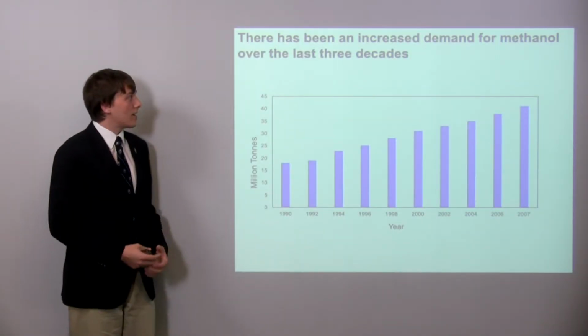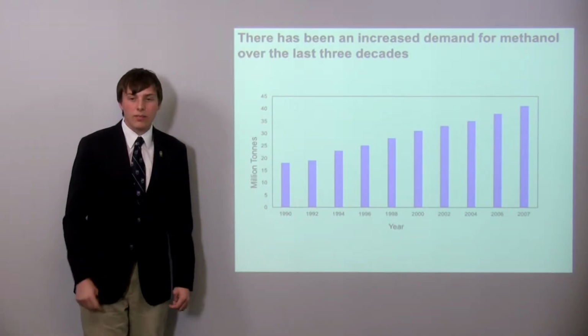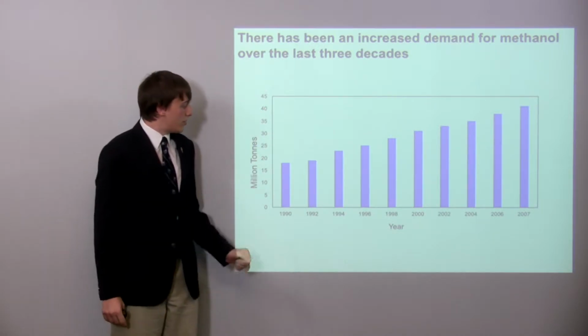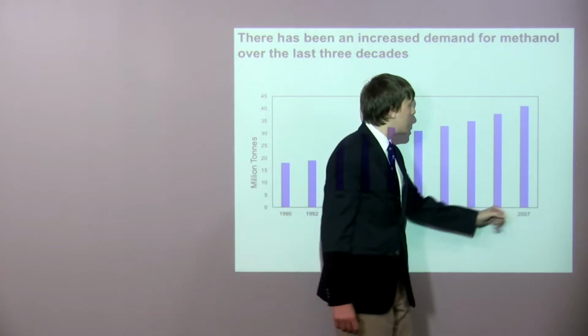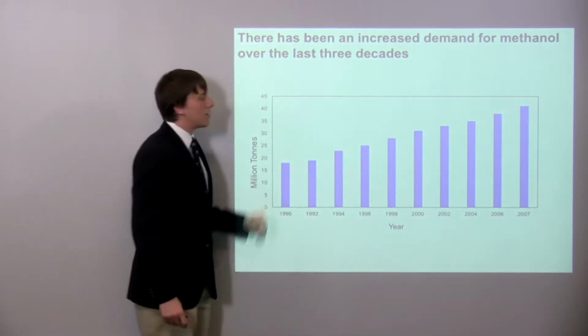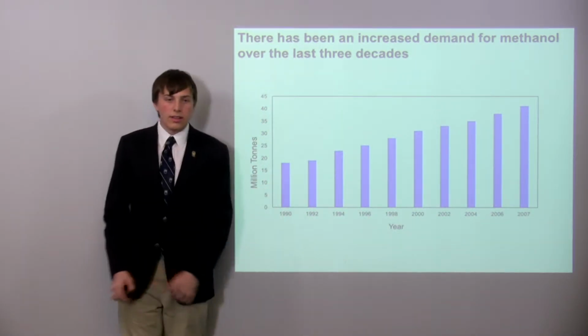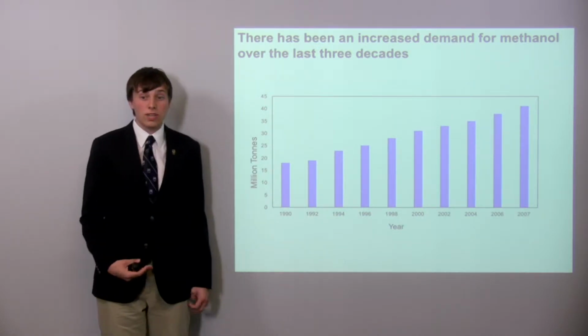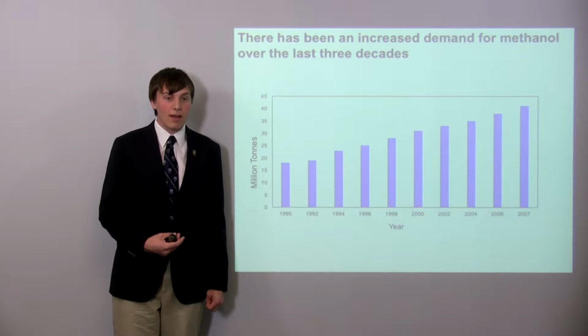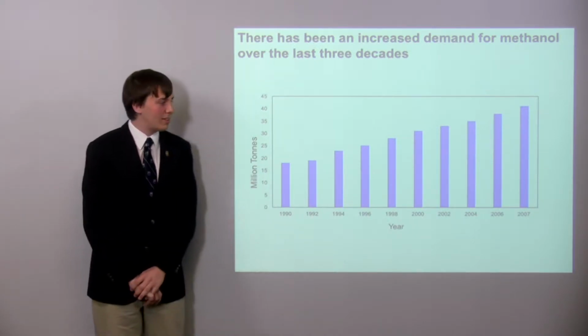Over the last 3 decades, there's been an increasing demand for methanol. As you can see from the chart, in 1990 all the way up until the year 2007, there is a steady increase in the demand for methanol. This is because methanol can be used as an intermediate and a starting material for other compounds, as seen in the pie chart on the previous slide.